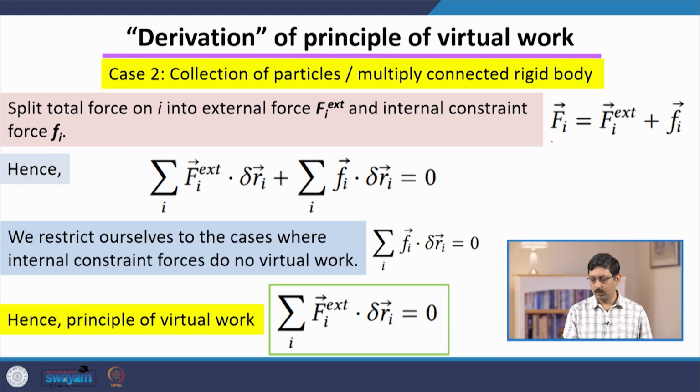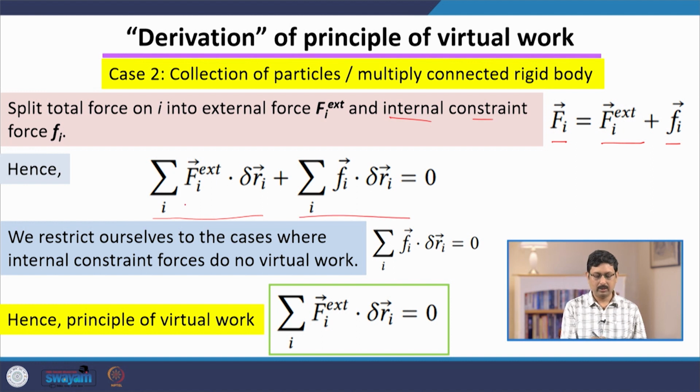Now, this total force Fi you split into two parts: one is the external force, which is not a constraint force, and the small fi, which is the constraint force, the internal or constraint force. Hence, from our previous equation, this total virtual work is now split into two terms.